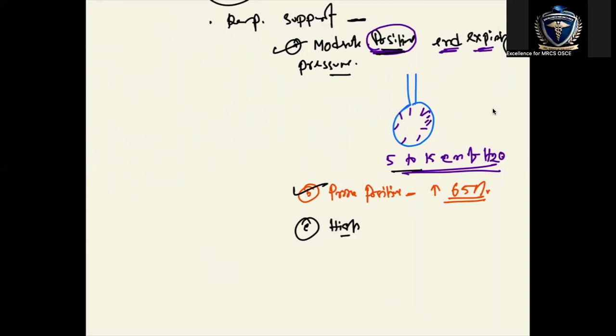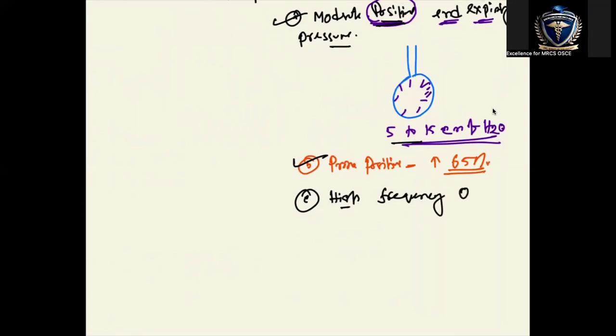So the third issue is high frequency oscillation. Any inflammation commonly causes acidosis. Two things are given here. One is a high respiratory rate: the ventilator is set so the respiratory rate is more than 18.